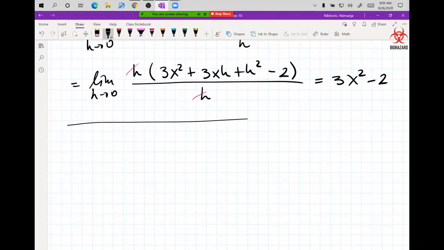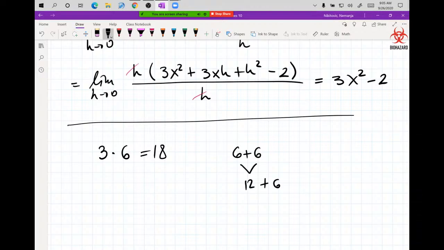If you think about 3 times 6 equals 18, that's something you memorized. What is the meaning of 3 times 6? It is 6 plus 6 is 12, and then plus another 6 is 18. So when you have repeated addition, in this case 6 plus 6 plus 6, you can use the shortcut that you memorized, which you call multiplication.